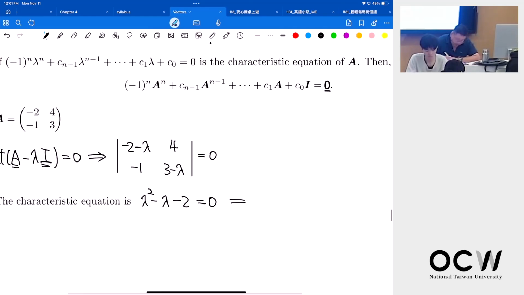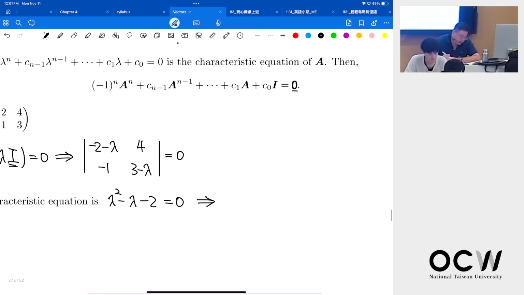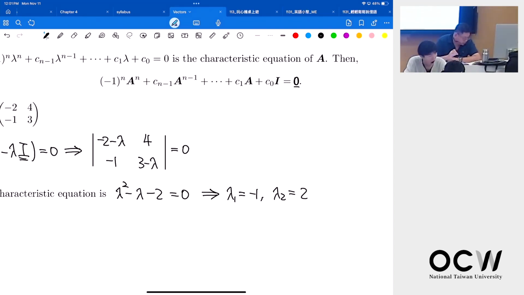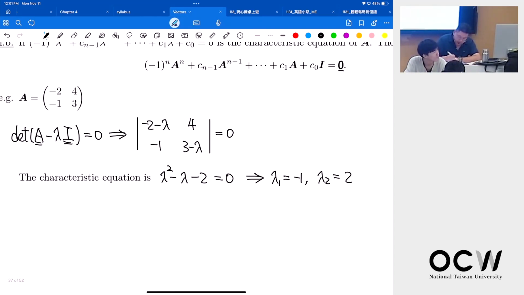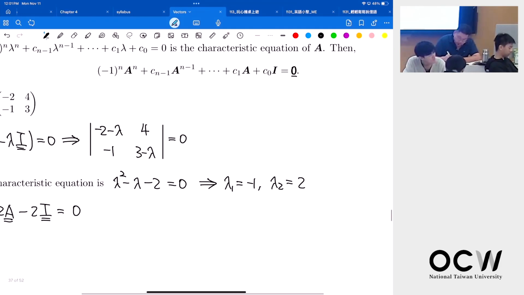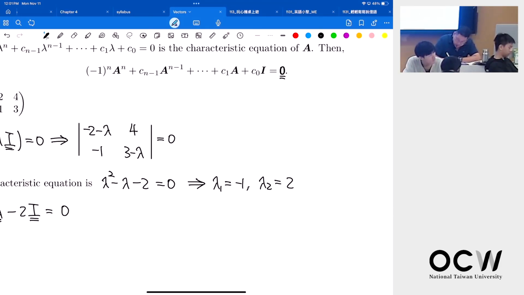You can get two distinct eigenvalues, lambda 1 equals minus 1, lambda 2 equals 2. So I can change lambda to A: A squared minus A minus 2 times the identity matrix equals the 0 matrix.